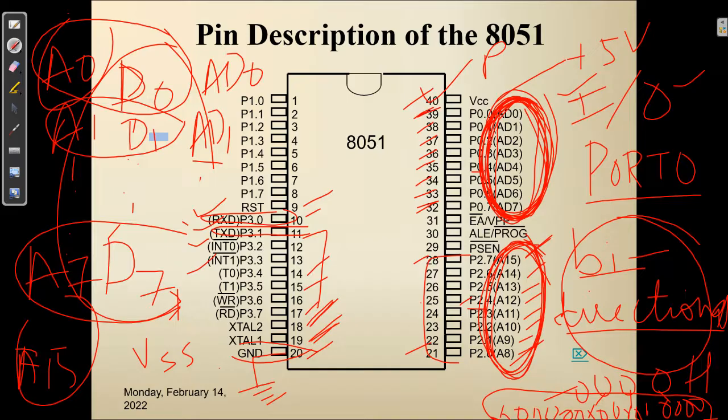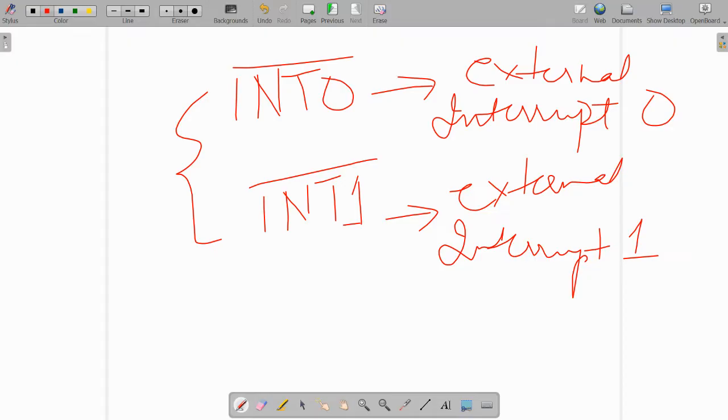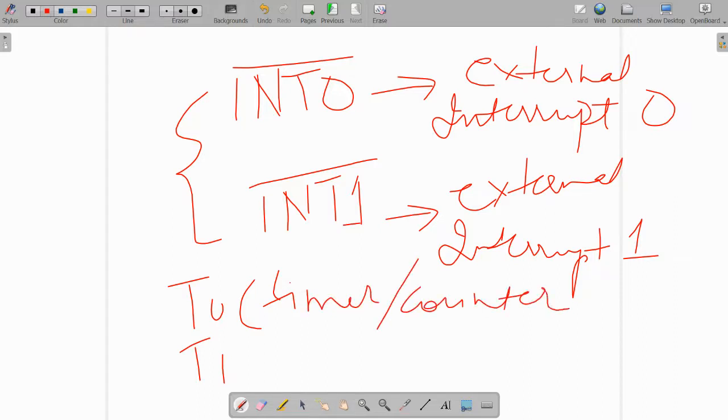Okay, so these two, T0 and T1, are called timer/counter. I told you, it can work as a timer if I have to give the timing to the external peripheral devices, or it can be used as a counter when I have to count the external event.